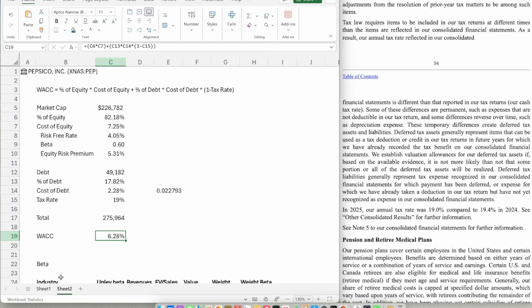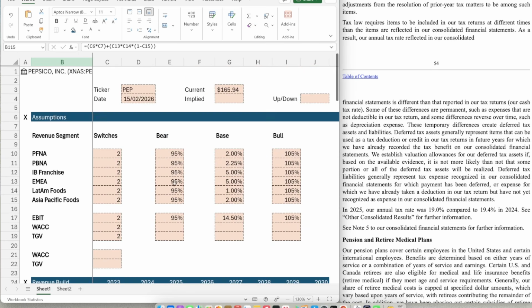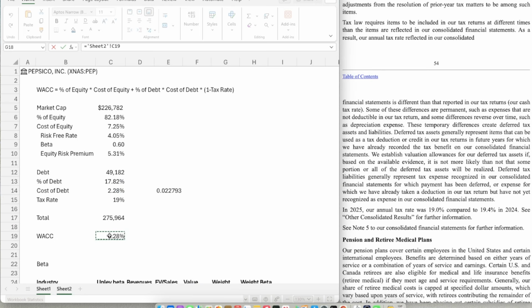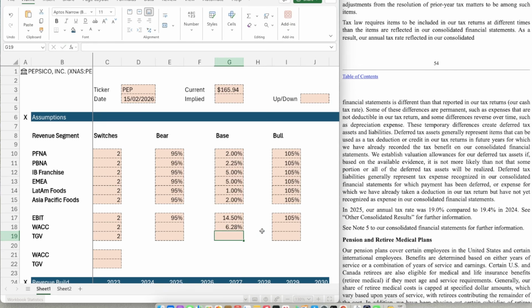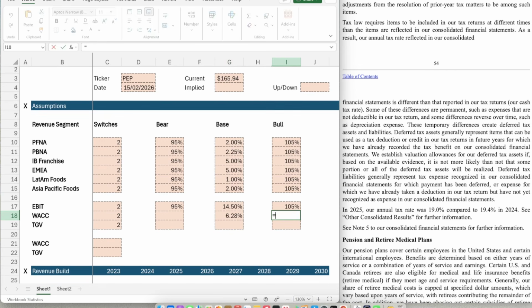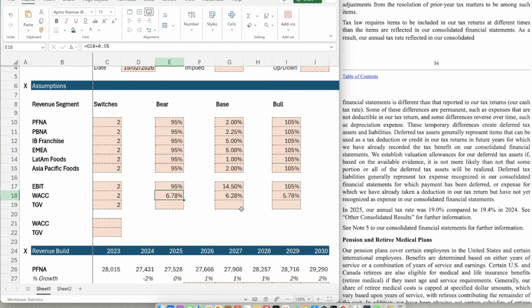So we come back onto our main spreadsheet, we take the WACC and we put it equal to what we've just calculated for this cell. For the bullish WACC, we're going to subtract 0.5%. And for the bearish WACC, we're going to add 0.5. The terminal growth value we're going to set at 3%.